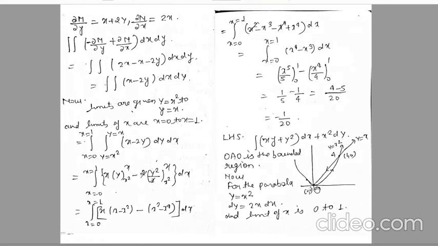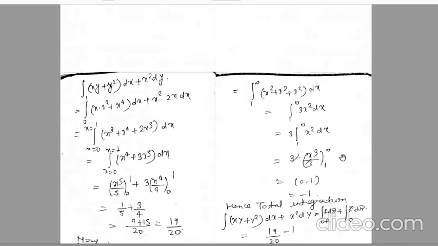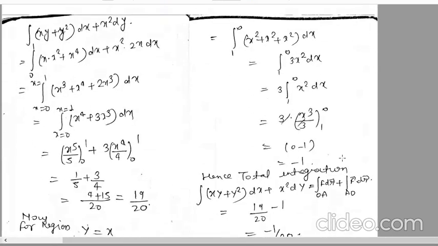For OA, the curve is y is equal to x square, so dy is equal to 2x dx, and the limit of x will be 0 to 1. So the line integral of (xy plus y square) dx plus x square dy: you put y is equal to x square here, with limits 0 to 1. After integration you are getting the answer 19 upon 20.